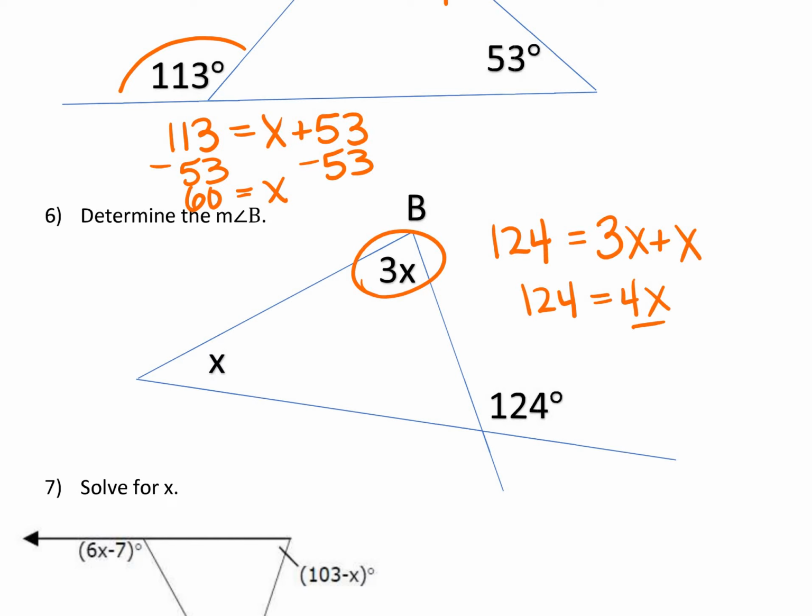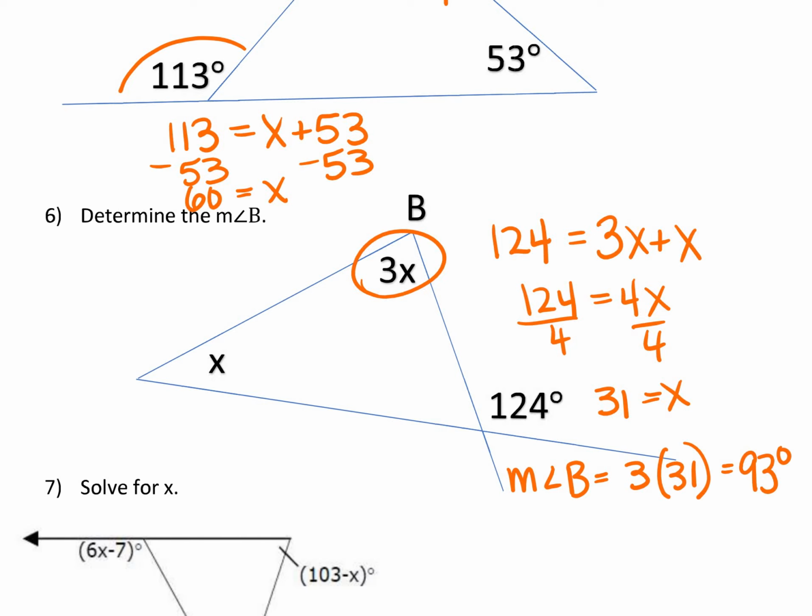Set that up, start solving for x. x equals 124 divided by 4, which is 31. And we are not done because we need the value of angle B. So the measure of angle B equals 3 times x, which is 93 degrees.